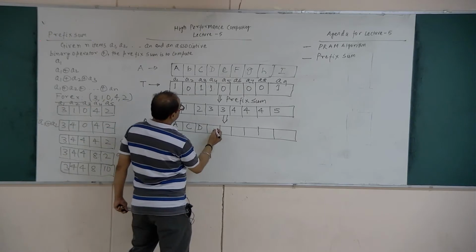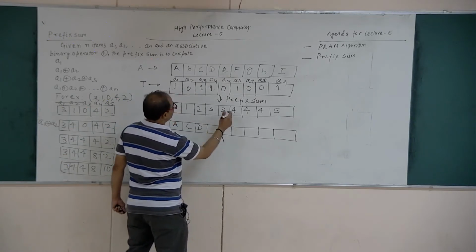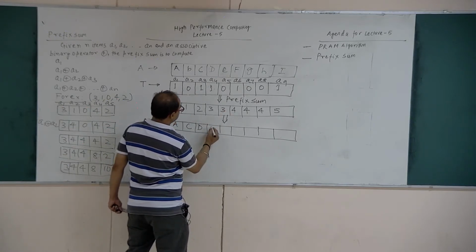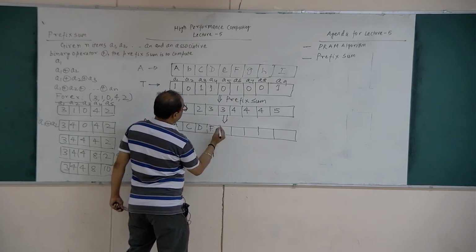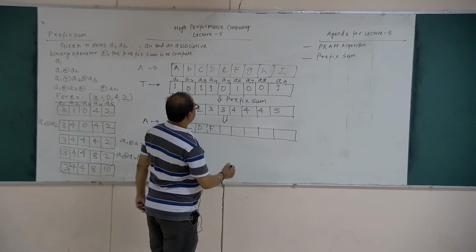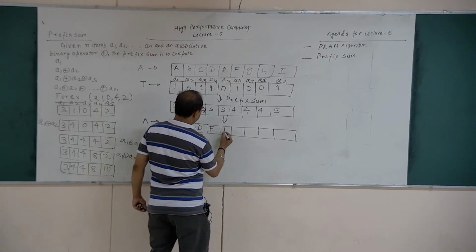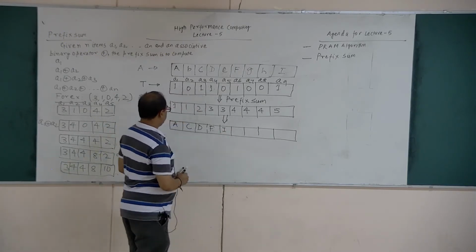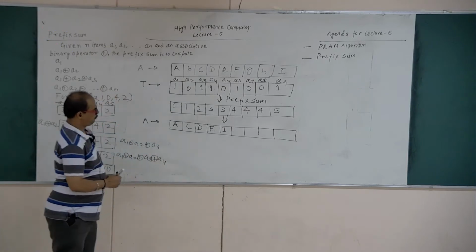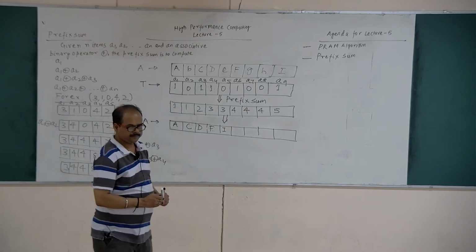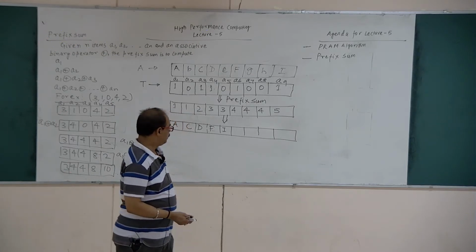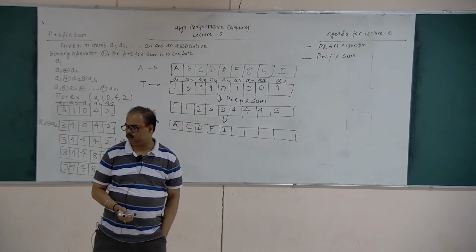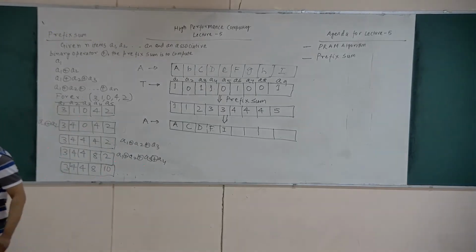The fourth location will be used to store the capital case letter F, and the fifth location will be used to store I. So is it clear? Okay. So we will move on to the next example.